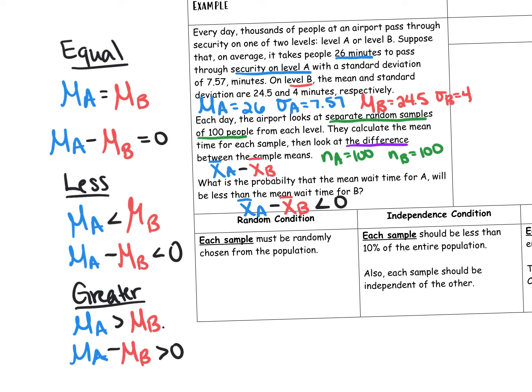Because we're saying the wait time for A will be less than the wait time for B, so x bar A is less than x bar B. This is what we get for our difference. We're going to look at this next, all right? And in order to do all this, we need to go through our conditions and check things.